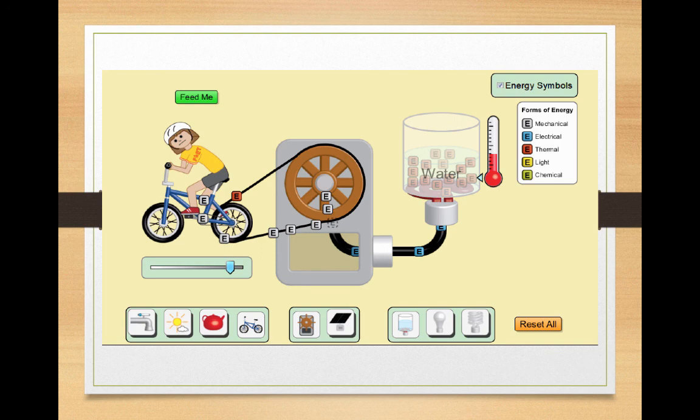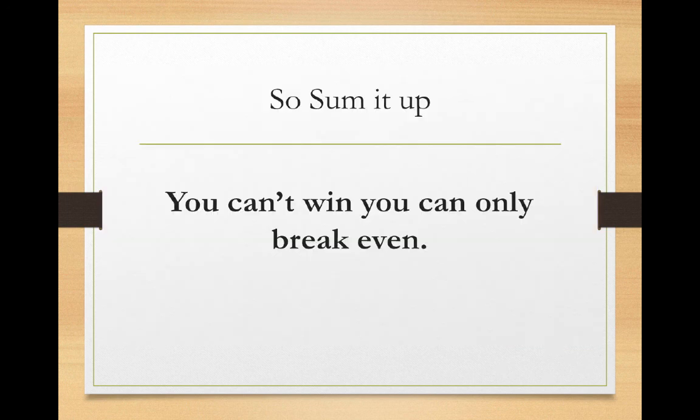There will be some loss to the surroundings, but we're always going to have the same amount of energy overall. So when we sum it all up, we say you can't win, you can only break even when it comes to energy. That means there's no way I can end up with more energy than I started with. I'm always going to end up with the same amount as I began with.